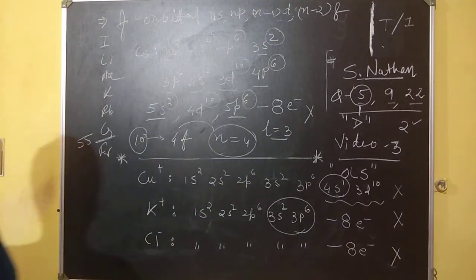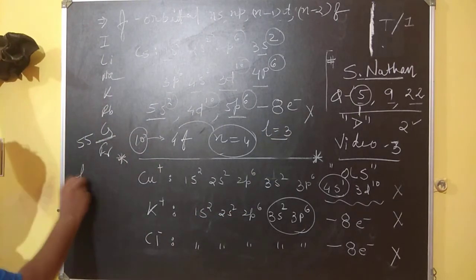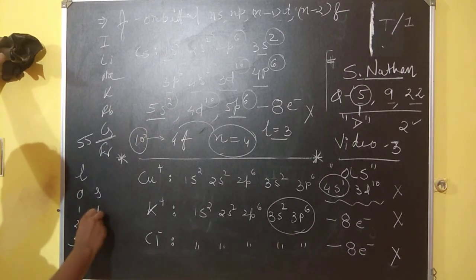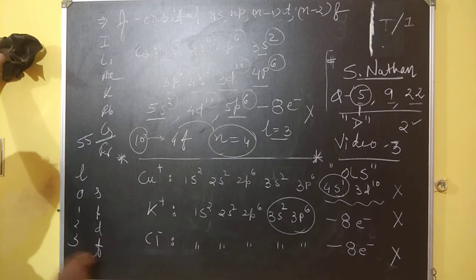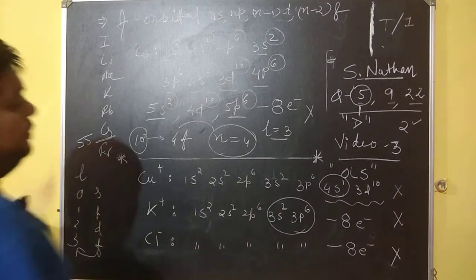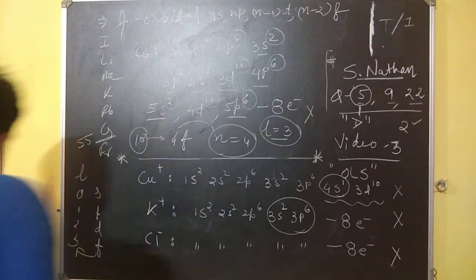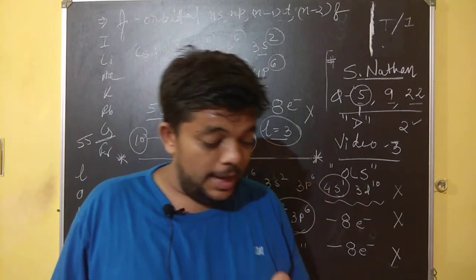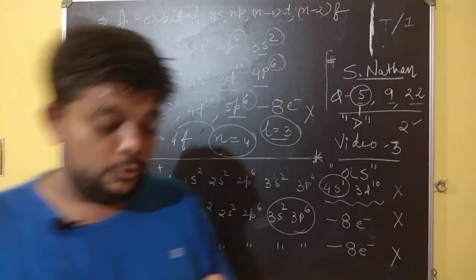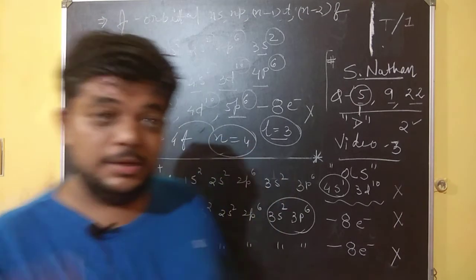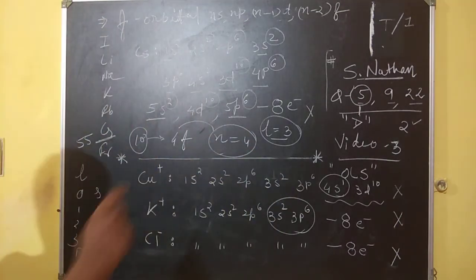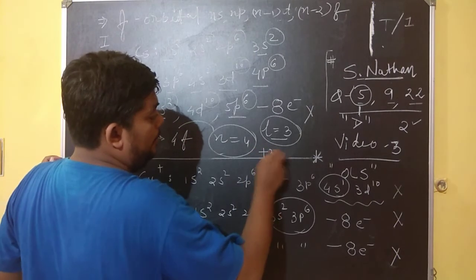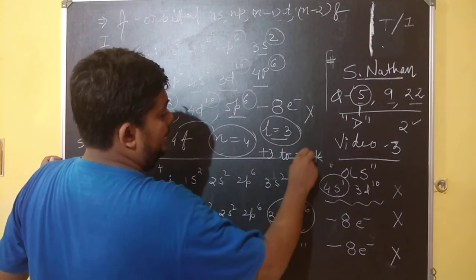Because we very particularly have discussed l as 0, 1, 2, 3 for s, p, d and f. So l will be 3. So n is 4, l is 3. Now again check the options with your question paper. So now we are only left with option A and option C. And you very well know when l is equal to 3, the maximum possible ml would be plus 3 to minus 3.